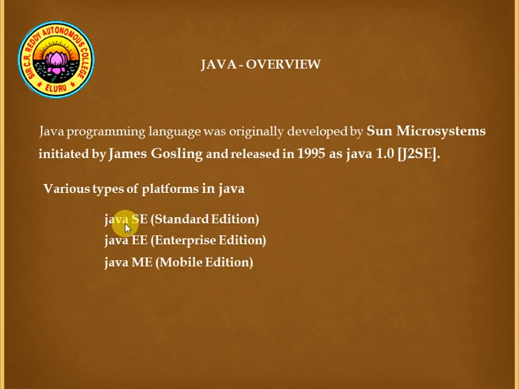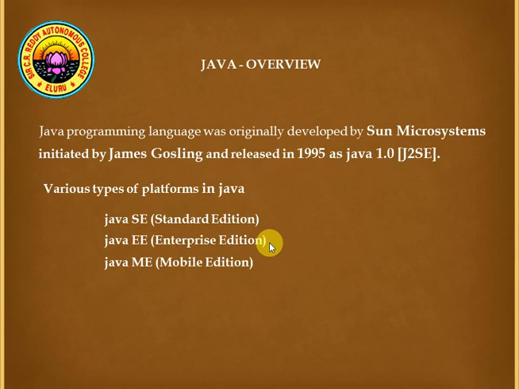Here you see Java SE, Standard Edition, is for standalone applications and web applications. And Enterprise Edition is useful for enterprise-related applications like commerce activities.